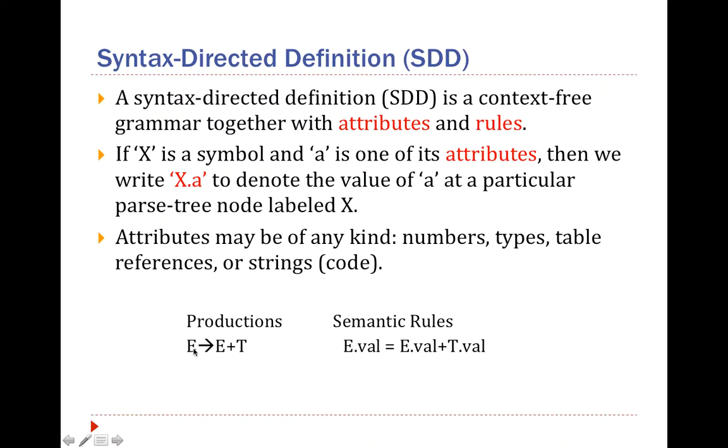E.val is computed by using E.val plus T.val. Here val is the attribute and this is the semantic rule. Similarly for the other production rule, this becomes the semantic rule, and val is the attribute of E and of T.